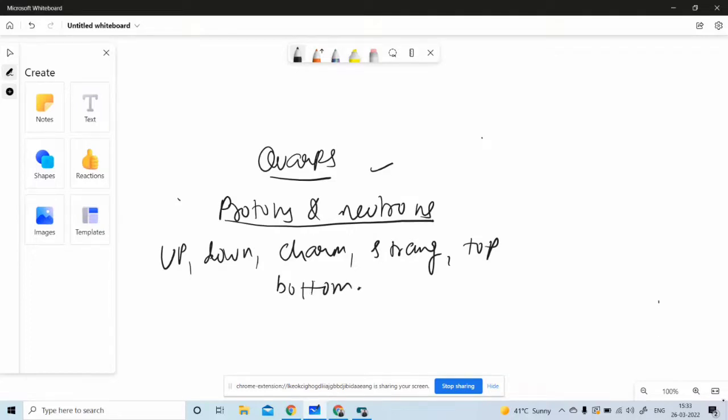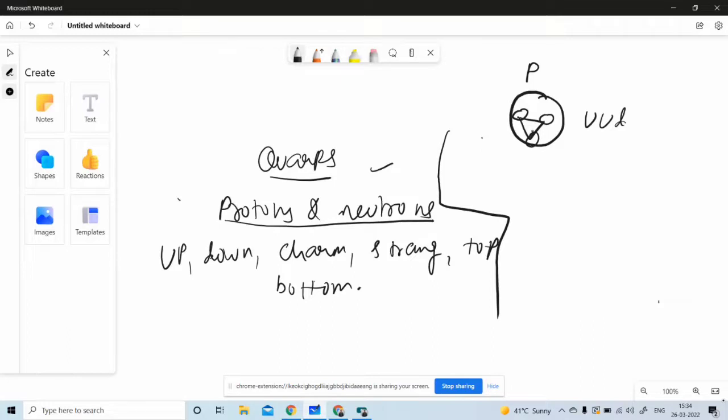Clear? Suppose let us take proton. So proton is made up of 2 up quarks and 1 down quark. So up and down quarks, they will occur in pair. So composition of proton is UUD, up up down. This can be asked as an MCQ. What is the composition of proton? Up up down.